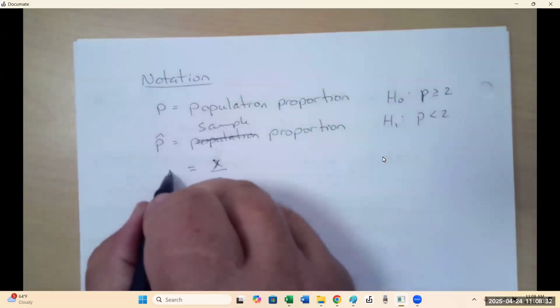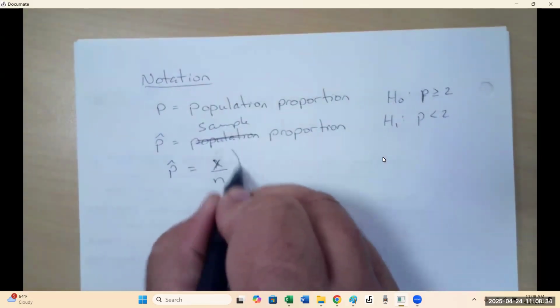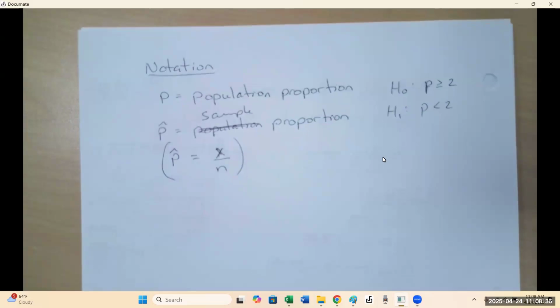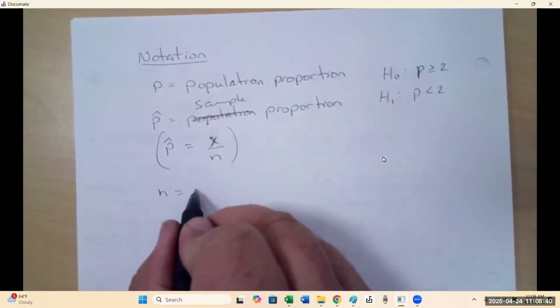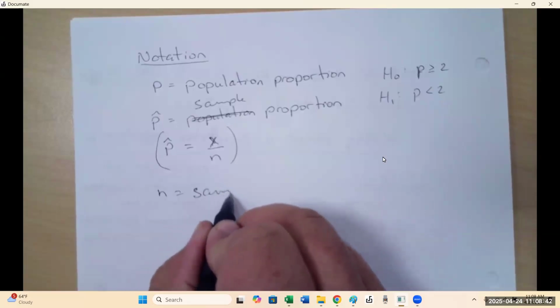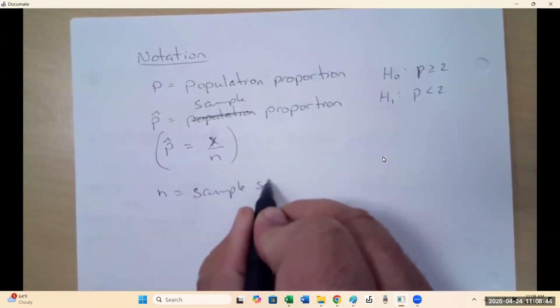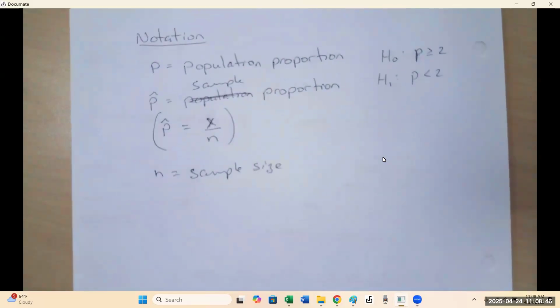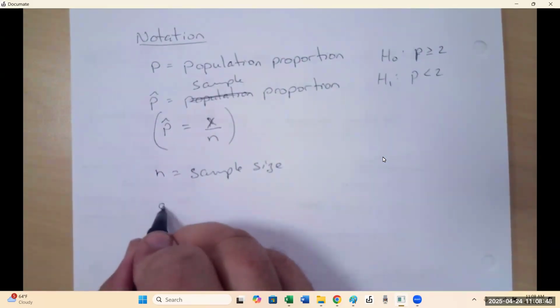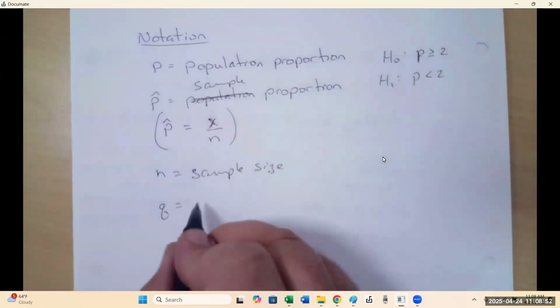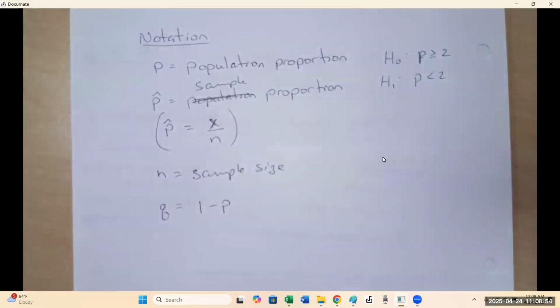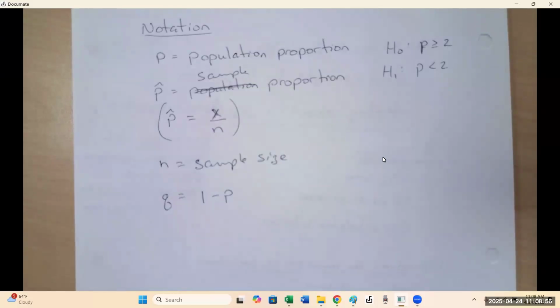So that's the formula we'll be using for it. Where n represents the sample size and q represents 1 minus p, the other part of the binomial. If p is success, then q is a failure.